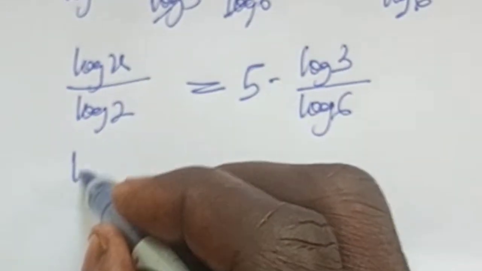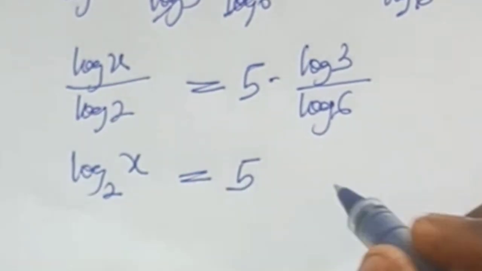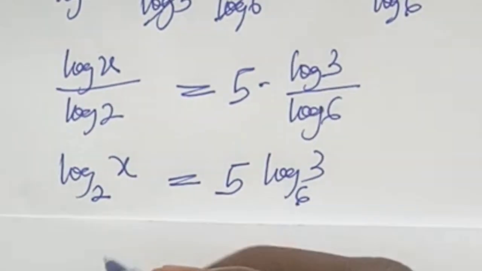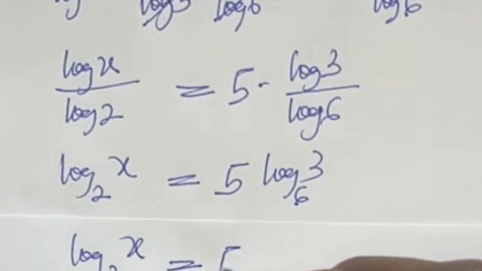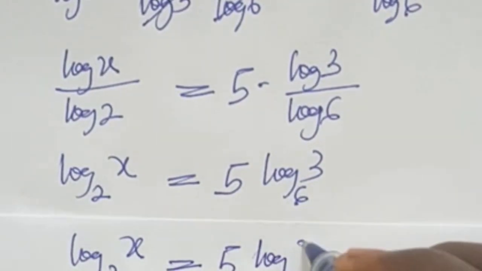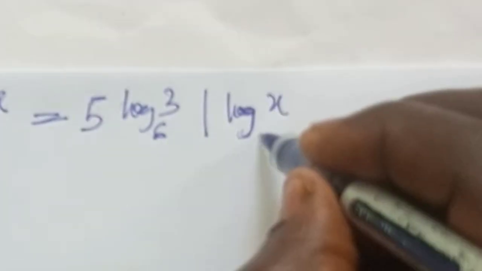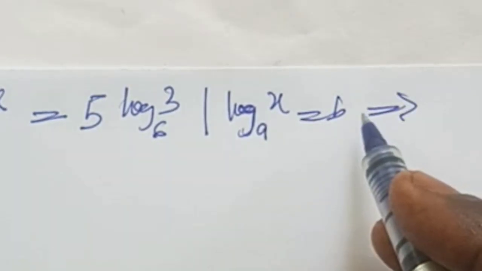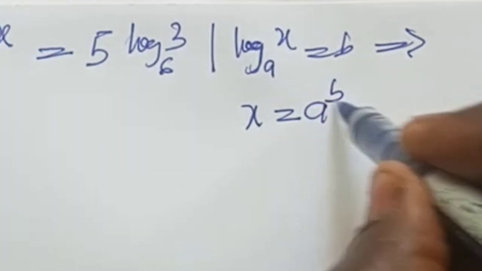And this we can write as log x base 2 equals 5 log 3 base 6. So log x base 2 is equal to 5 log 3 base 6. But from log x base a equals b, this can be transformed into x equals a to the power of b.